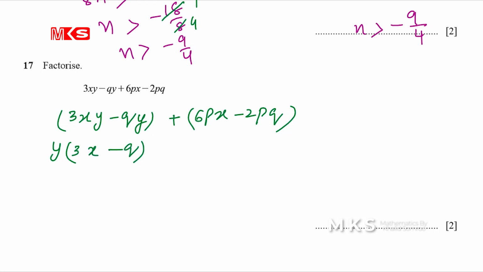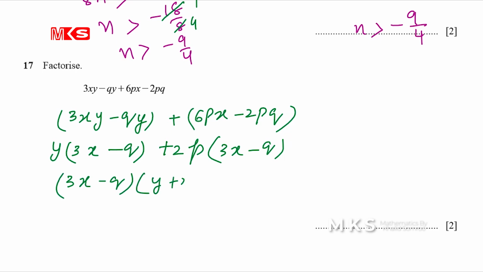From the second group we can take 2p common. That will make 3x minus q. 2p is taken common, so q. So in the next step we can take 3x minus q common from both, and we are left with y plus 2p. So 3x minus q, y plus 2p.